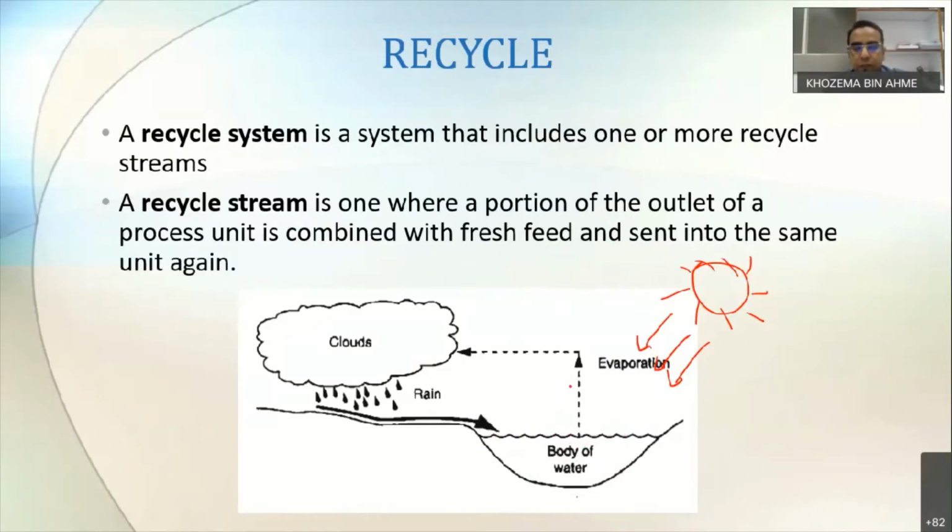So evaporation will cause the water vapor formation. Water vapor will combine to make the cloud, and this cloud will become rain, and the rain will be coming back into the lake again. So basically rain is your product, and some of the rain will go here and some of the rain will be recycled back into your lake.